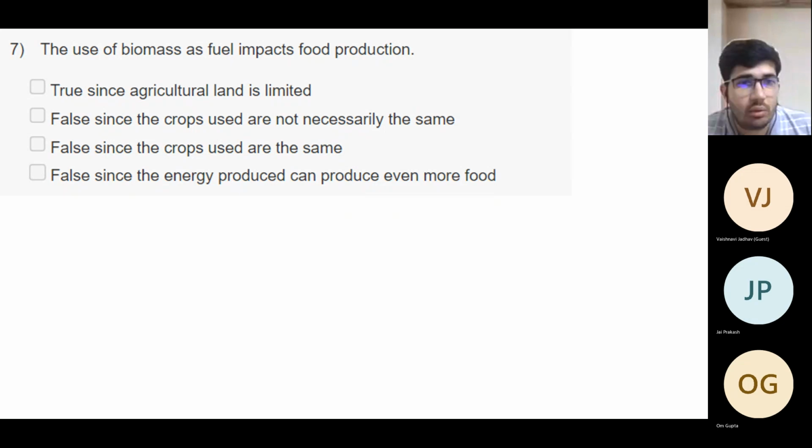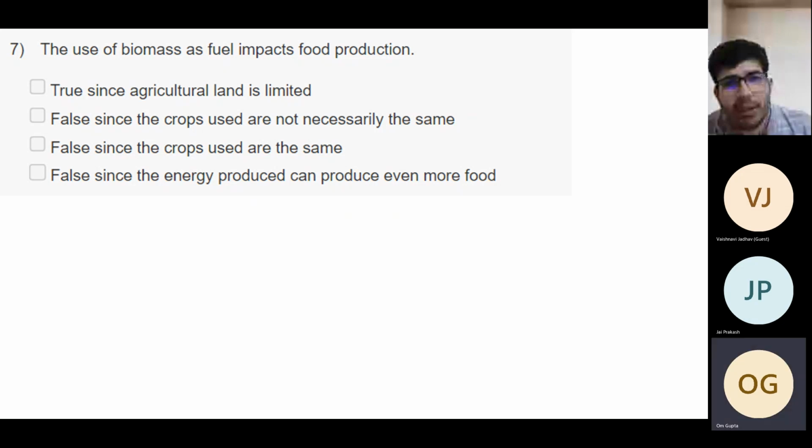What is the question actually? So try to rethink. The use of biomass as fuel impacts food production. Try to rethink what the question is asking.